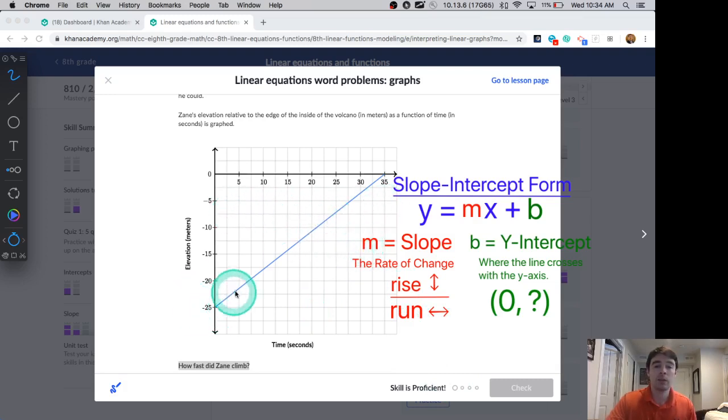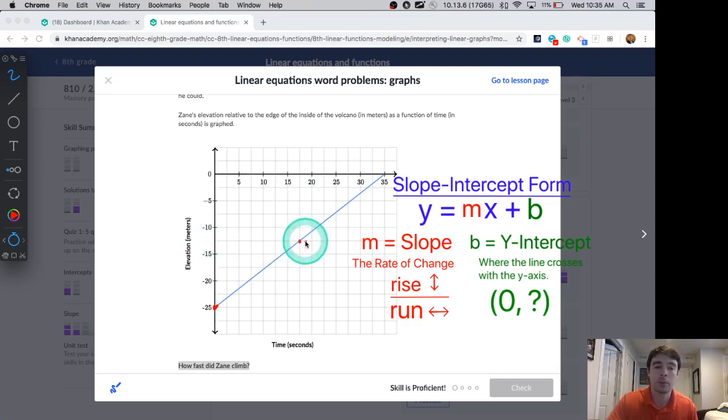Our key again will be to find 2 good data points, just like you did with all those times you measured slope for linear graphs. I see this data point right here that I'm going to put in red, right at the negative 25. That's his starting point. That's a great data point to use. And as I follow this blue line, I'm looking for a nice corner of a grid box. I see one right here, but that's at decimals, between 15 and 20, between 10 and 15.